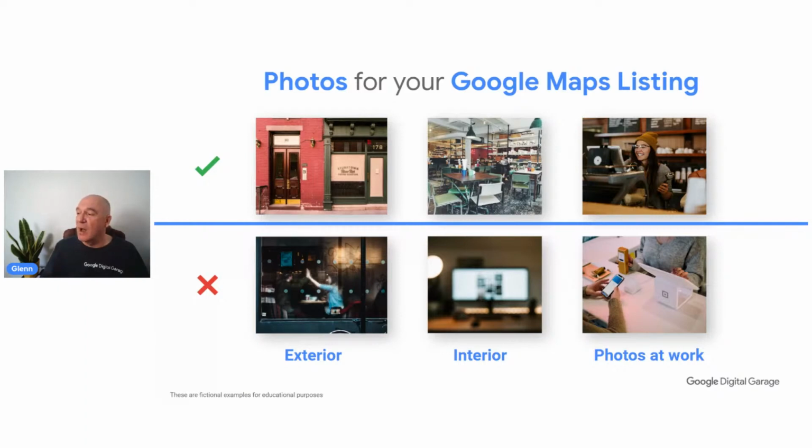In fact, it probably does more harm by being there than not being there in the first place. And then the photos at work, you can see that again, it's close, isn't it? You can see a couple of people engaging in a transaction, but we've got no faces. It'd be great to see their face. It'd be great to see them engaging with each other, looking at each other, smiling, and seeing a bigger representation of what's actually going on there. It asks too many questions.